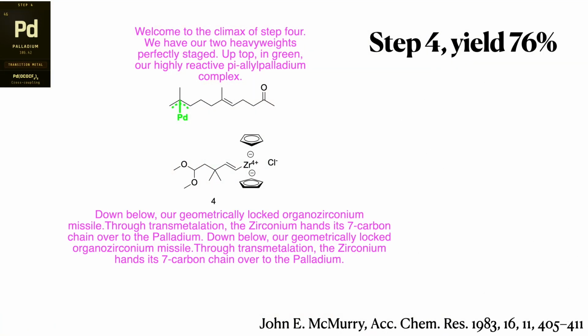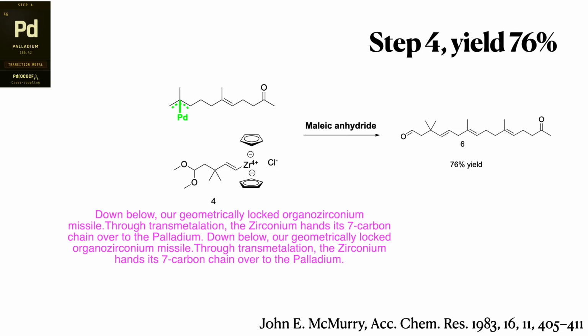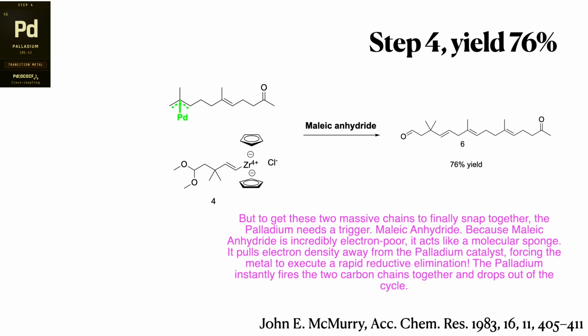We have two heavyweights perfectly staged. Up top in green, our highly reactive pi-allyl palladium complex. Down below, our geometrically locked organozirconium missile. Through transmetallation, the zirconium hands its 7 carbon chain over to the palladium. But to get these two massive chains to finally slap together, the palladium needs a trigger, maleic anhydride.